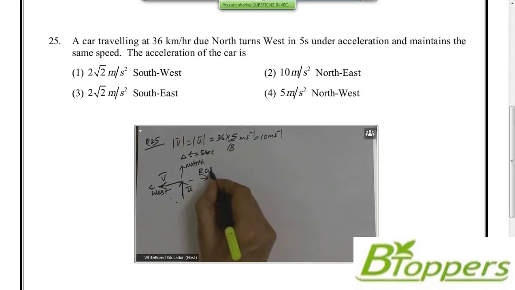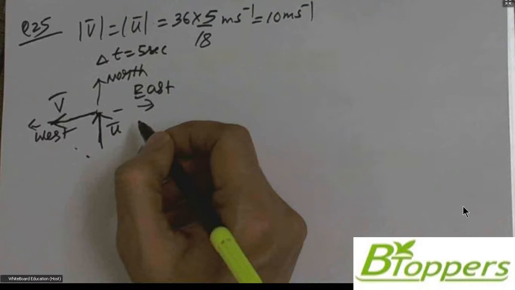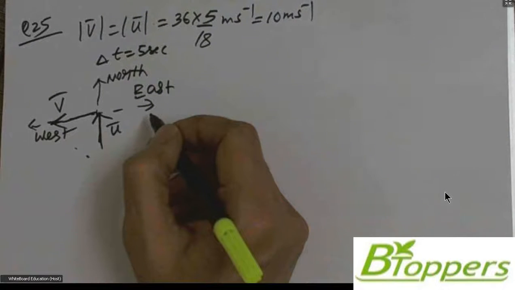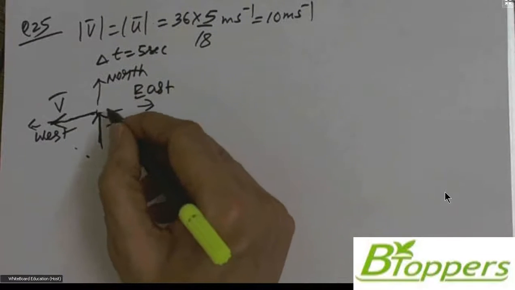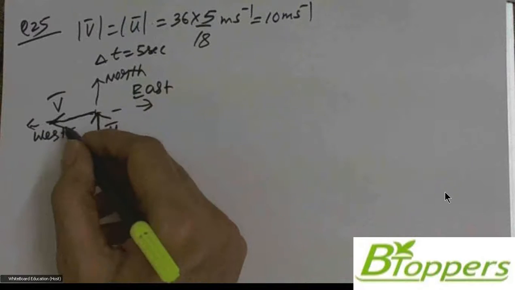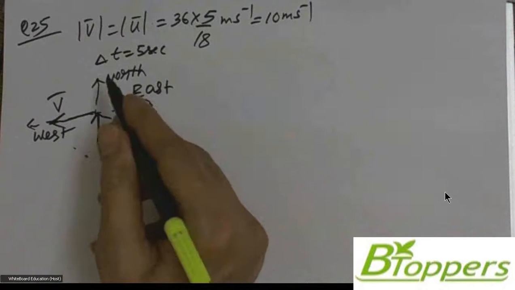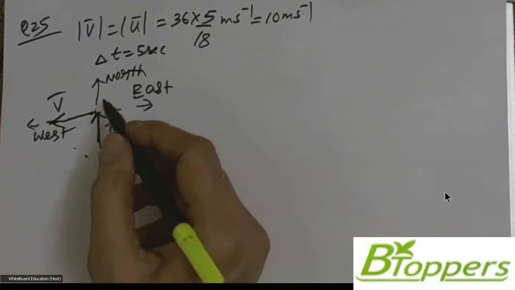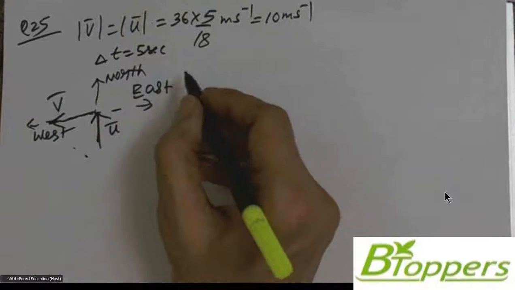You can choose the directions like this. This is the east direction. Look at the solution. Choose the oriented direction towards east like this. This is the direction toward left, west, north, south. Then the initial velocity is directed towards north and the final velocity towards west.